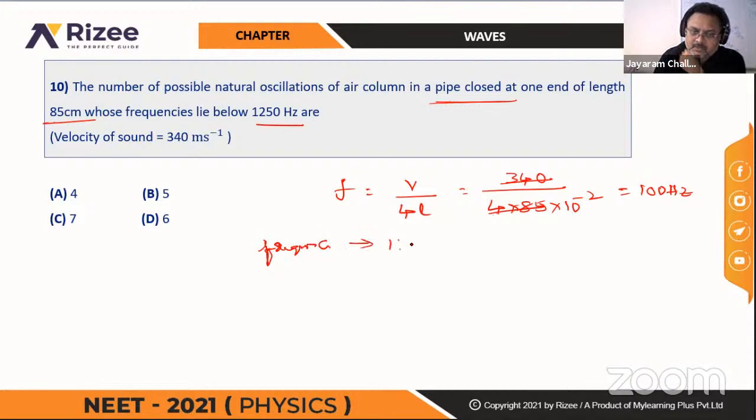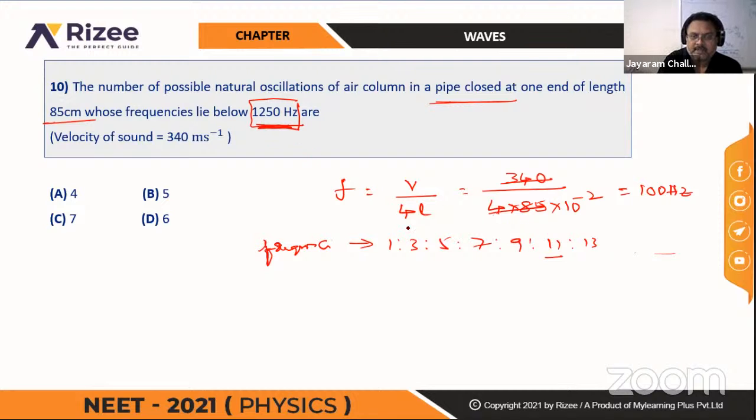Since it is a closed pipe, the frequencies will be in the ratio 1 is to 3 is to 5 is to 7 is to 9 is to 11 is to 13, like that. Infinite numbers will be coming, but there is a limit below which we should count how many. 11 into 100 is 1100. And after 1100, if it goes for the 13th one, it should exceed this, that is 1300.